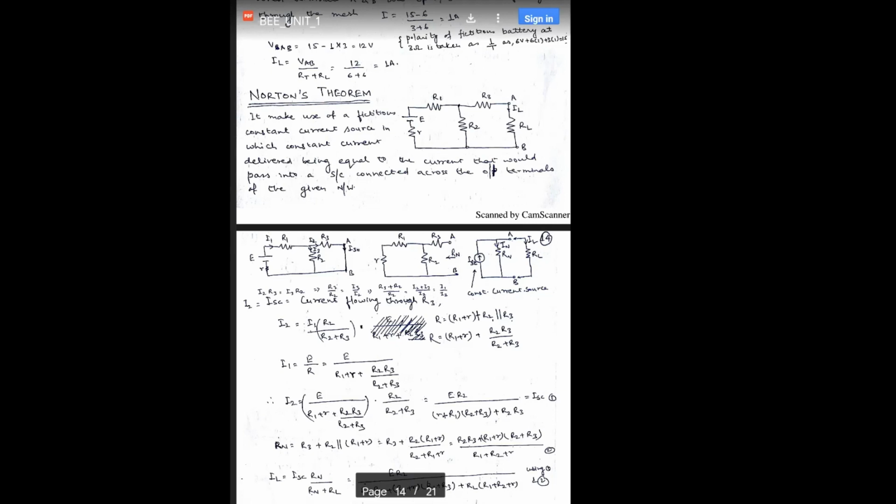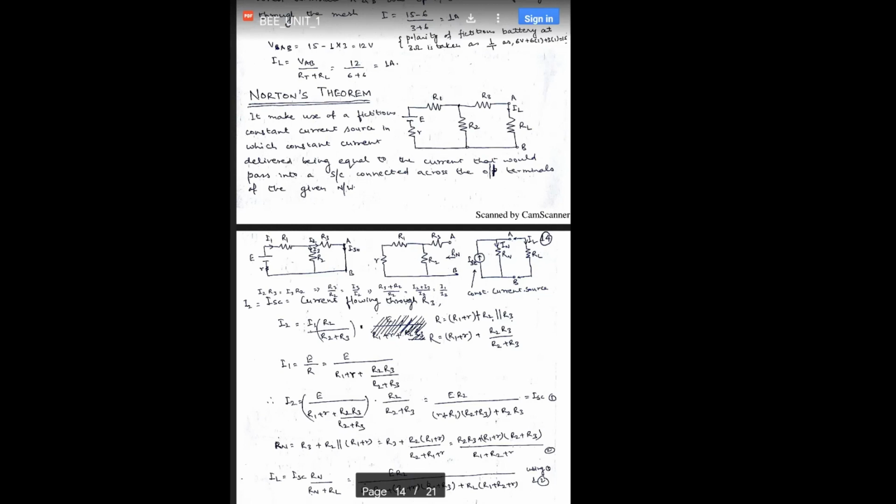So here also the load resistance is supplied by a constant current. We can say that the circuit is converted into such a form that it behaves as a short circuit current supplying the constant current to the load. That is why it is called the fictitious current source. Fictitious means phony, unreal, that which is not actually present but is assumed.